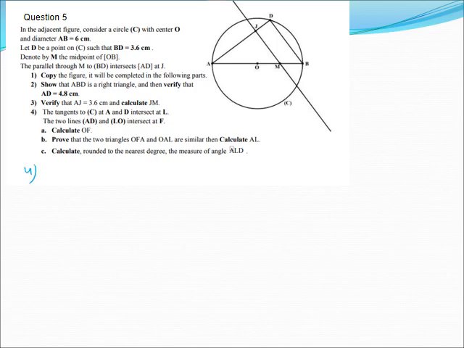4. The tangents to C at A and at D intersect at L. Tangent is perpendicular to radius.